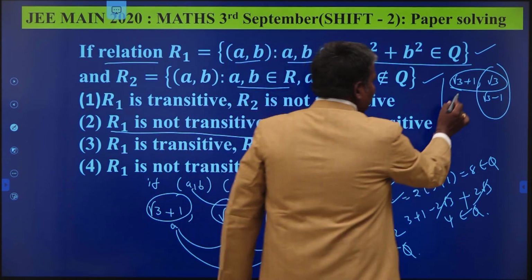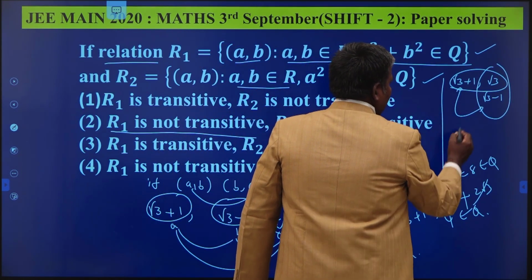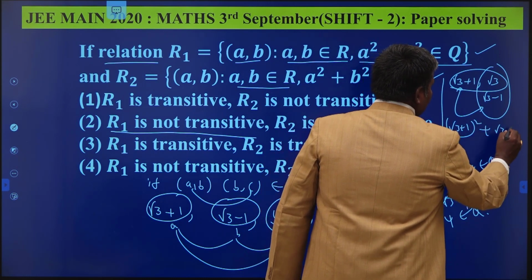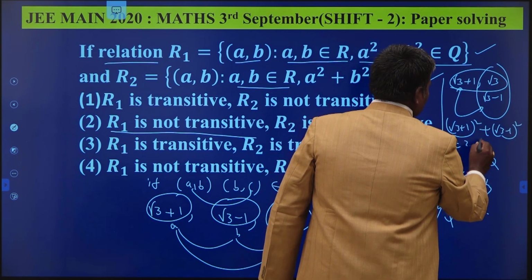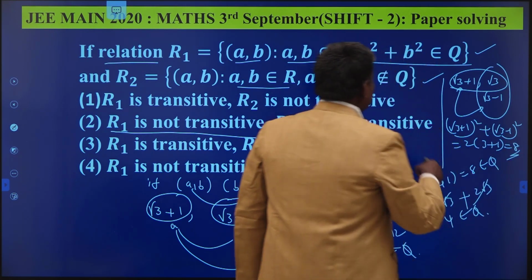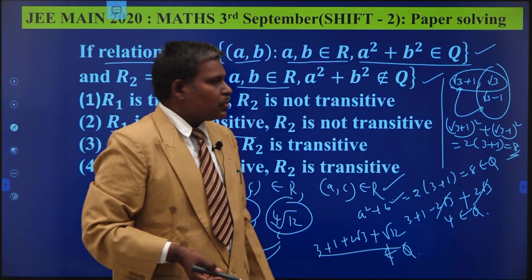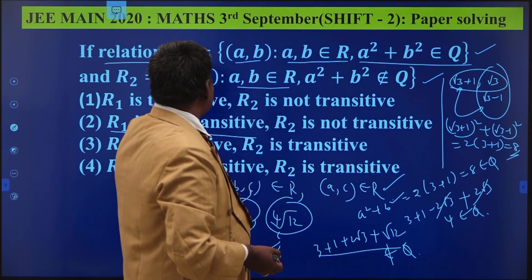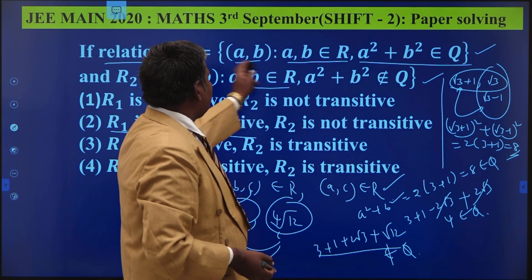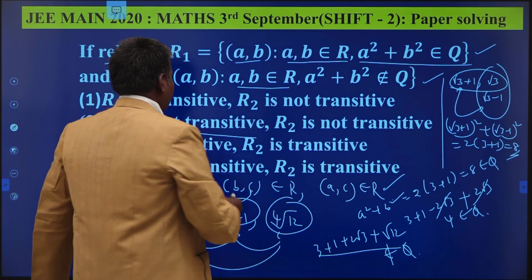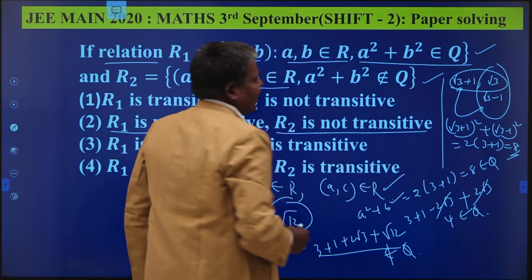For this example, A square plus C square is (root 3 plus 1) whole square plus (root 3 minus 1) whole square. This is 2 times (3 plus 1), that is 4 twos are 8. This belongs to Q. So if AB belongs to the relation and BC belongs to the same relation, then AC does not belong to the relation. For R2 also, therefore, R2 is also not transitive.